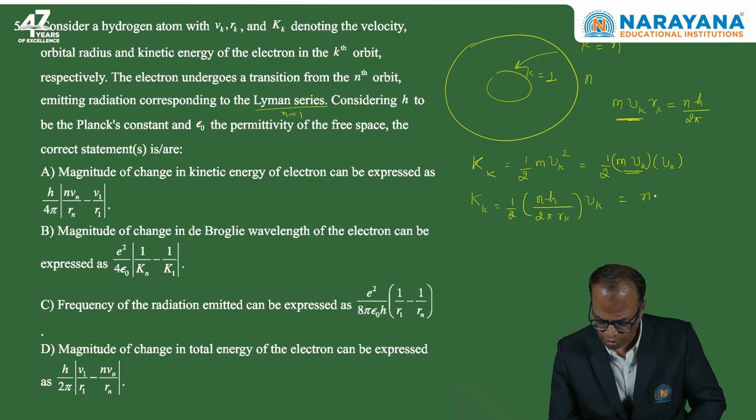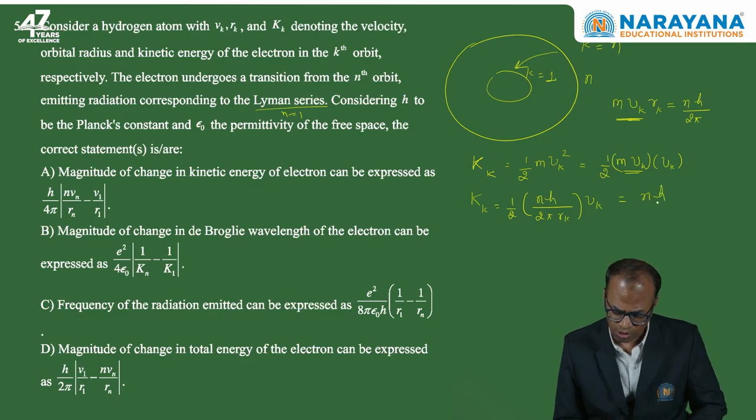That makes it nh, not nh. My bad. I was telling you that it has to be written as k. So it must be k times h by 2 pi. So I will write over here it is k h by 2 pi.